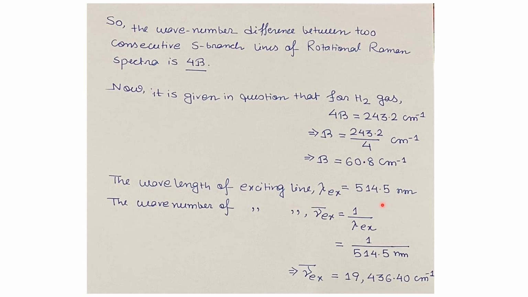So we'll convert this into wave number. The wave number of the exciting line, nu Ex bar, equals 1 by lambda Ex, that is 1 by 514.5 nanometer. So this will give nu Ex bar equals 19,436.4 centimeter inverse.